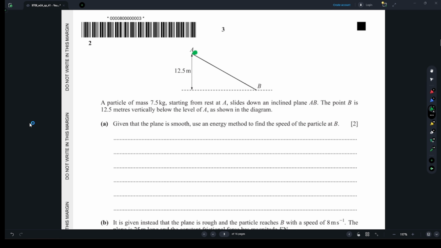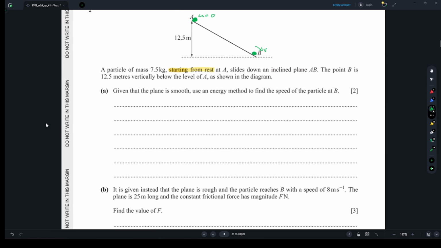So the key thing here is starting from rest, right? So then the initial velocity is 0, and then when it reaches point B, let's assume the velocity is v.